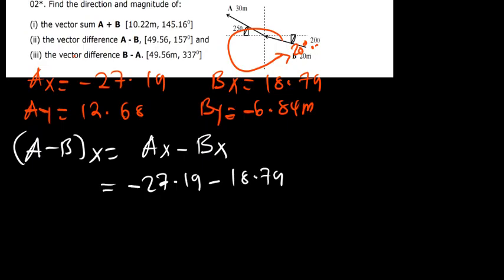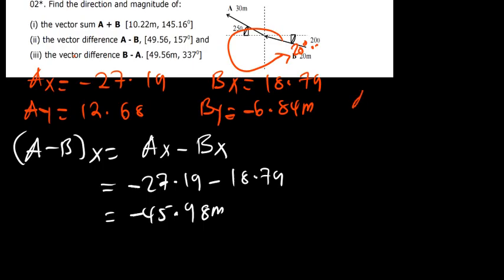So our answer will be negative 27.19 minus 18.79. The answer is negative 45.98.